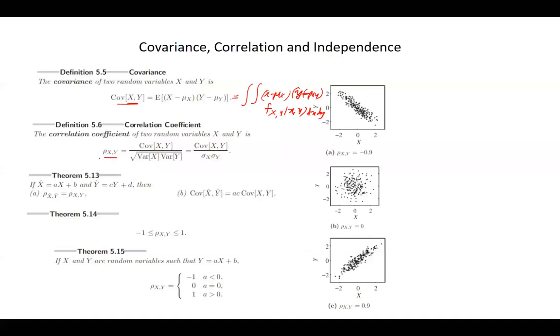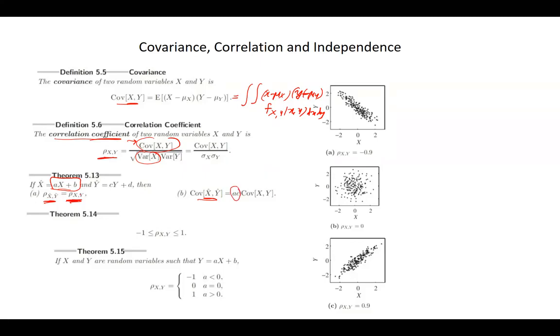Correlation coefficient can be defined by using covariance. Once you calculate covariance, you can easily calculate correlation coefficient by using covariance and variance of x and y. If you are given a random variable as a linear operation of another random variable, the correlation coefficient will be equal, and covariance will be multiplied by the coefficients a and c.